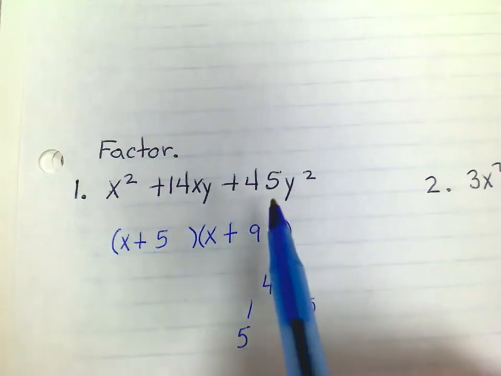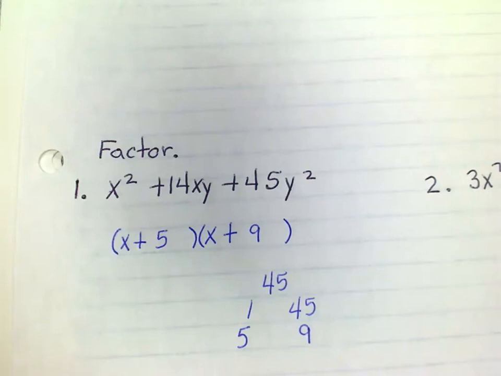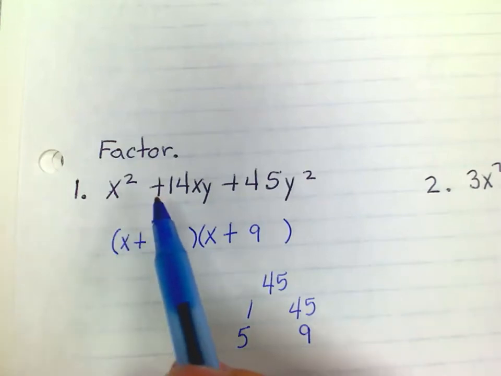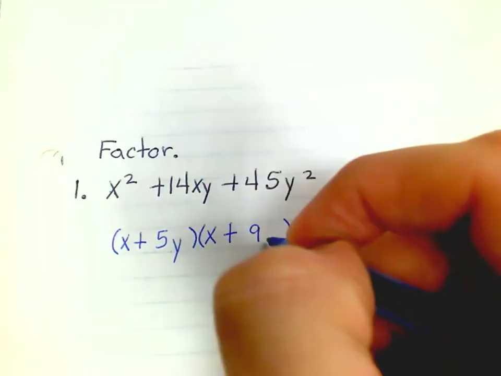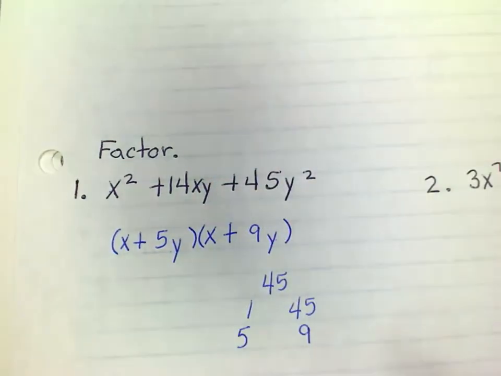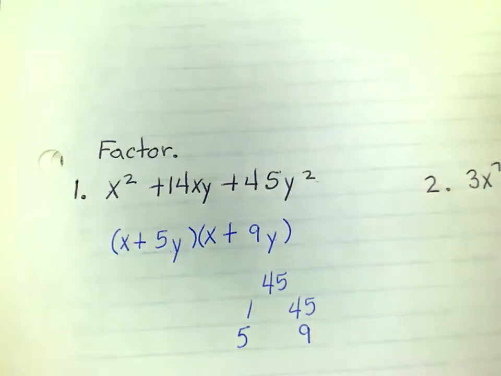Since y squared is in the last term, the last position in each set of parentheses also needs to include the y, so that when we FOIL out, you get the xy for the b term and the y squared for the c term.